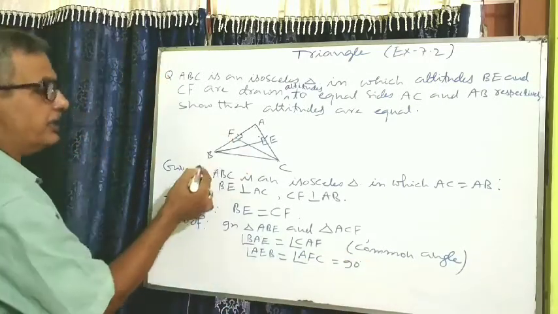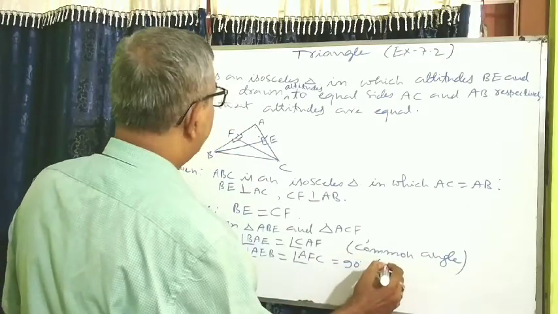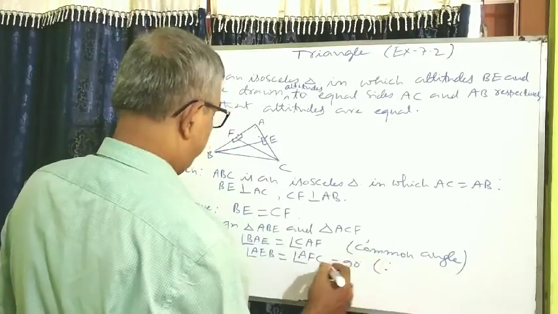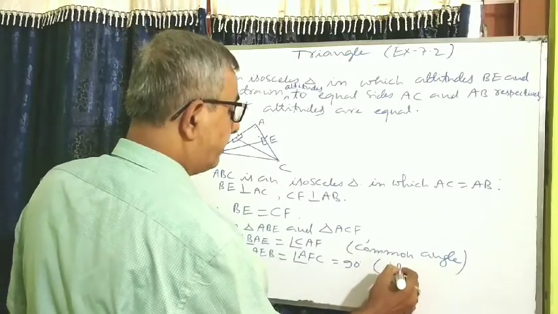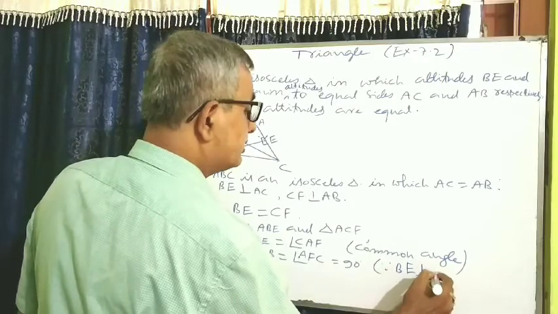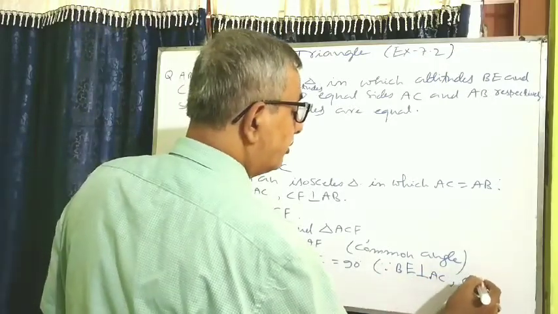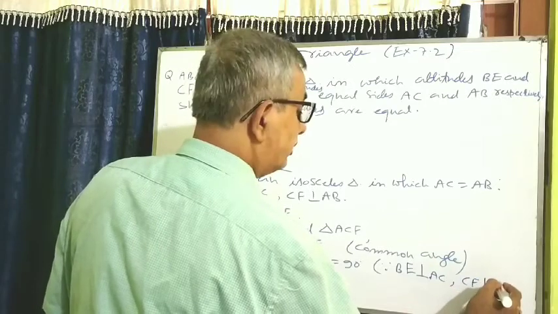Why 90 degrees? Because they are perpendicular. That also you can mention: since BE is perpendicular to AC and CF is perpendicular to AB.